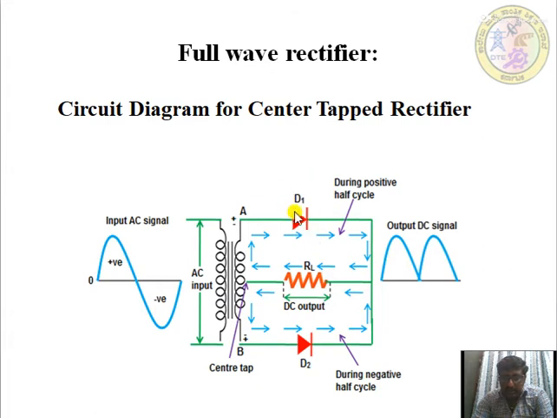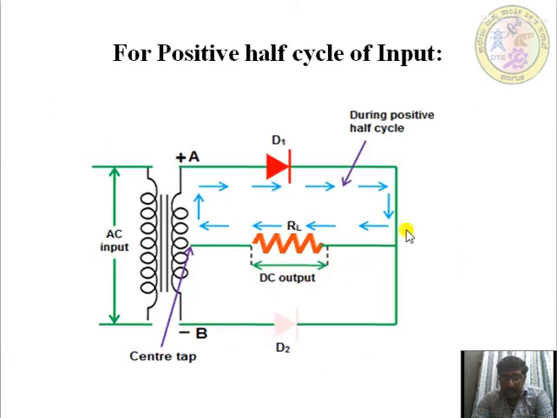Reverse bias means diode D1 is in an off condition, and forward bias means diode D2 is in an on condition. So we will be considering the output at the load, that is the current flowing across the load resistor RL. So we will be getting the next peak in the positive half cycle. So this will be continuing.